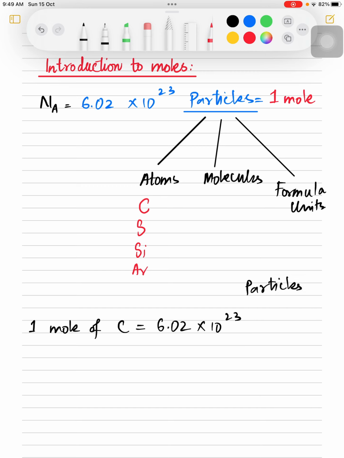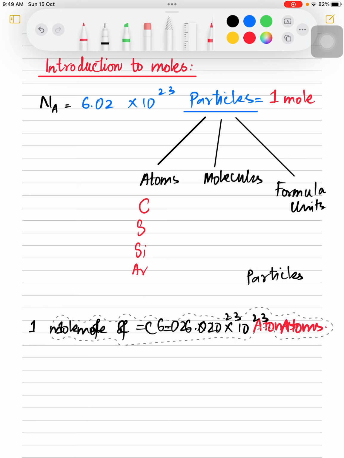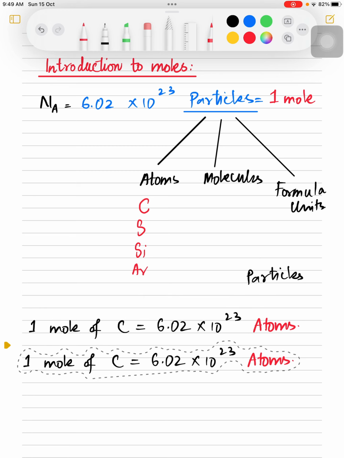The reason is very simple, because we know that these are uncombined elements, so we can write atoms here. For example, if I want to do it again for argon, I can easily write that 1 mole of argon is equal to 6.02 exponent 23 atoms.